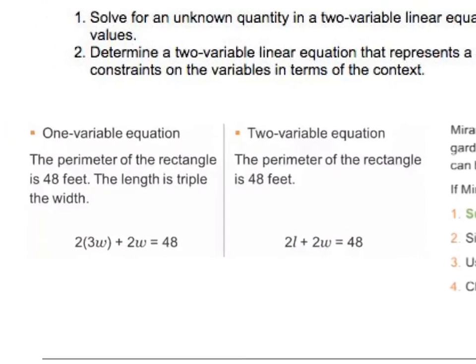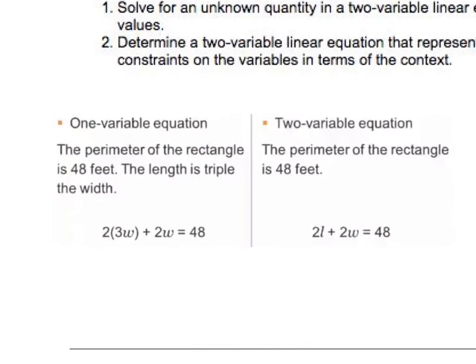All right, so, just an example of a one-variable equation. The perimeter of the rectangle is 48 feet. The length is triple the width. So this equation models this situation, all right, and we have one variable.